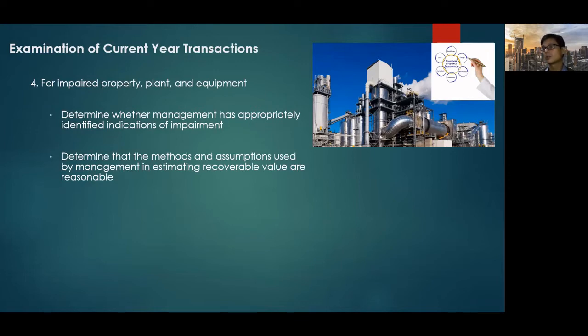Okay, so of course when you sa financial accounting, no, yung recoverable value is simply the higher between yung fair value nung asset or yung recoverable amount, no? Whichever is higher doon. Pero mas mababa sila doon sa carrying amount kasi nga kaya nagkaroon nga ng impairment, eh. So yun. So titignan ng auditor kung paano, ano yung mga assumptions, no, estimating yung recoverable value.